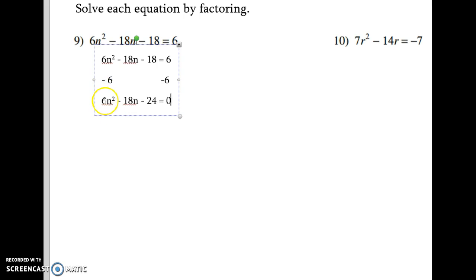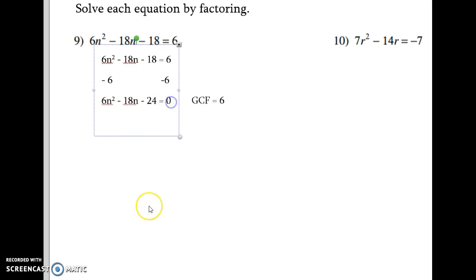Now you might think to yourself, well, we can't use our factoring method, AM, because we have an a value that is greater than 1. Well, the first thing we're going to try to do is see if we can factor it anywhere else, and it looks like we can do GCF here just fine. The greatest common factor of all of these terms, 6n squared, -18n, and -24, is going to be 6.